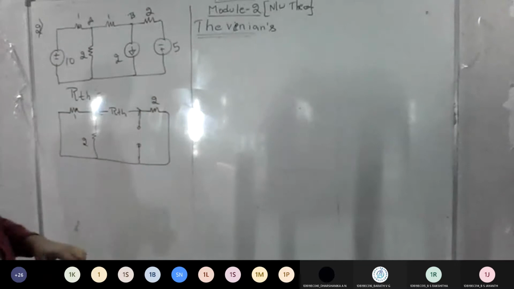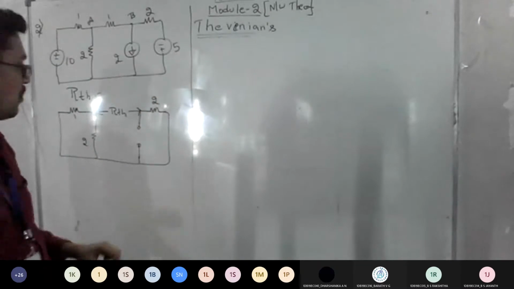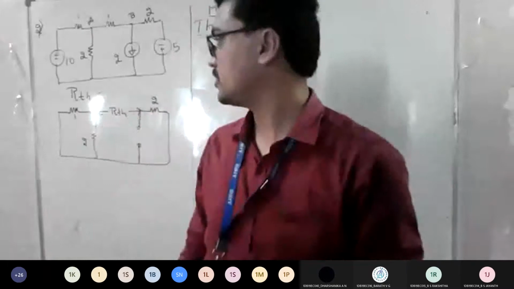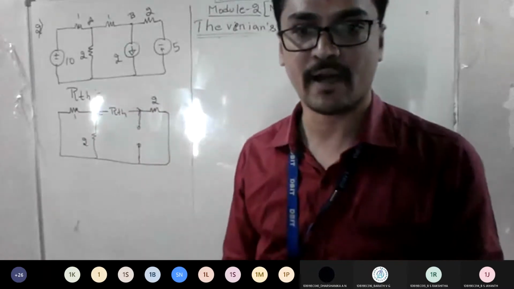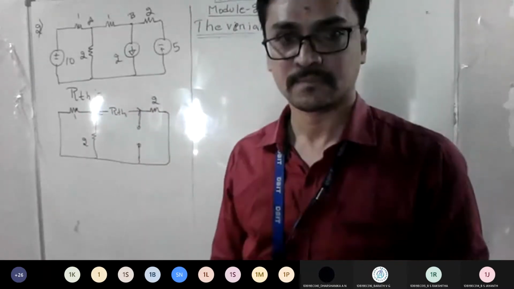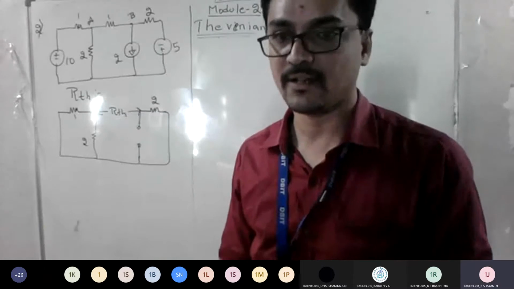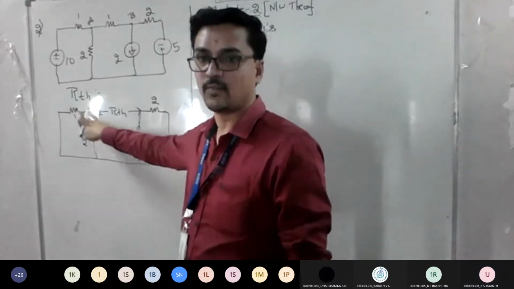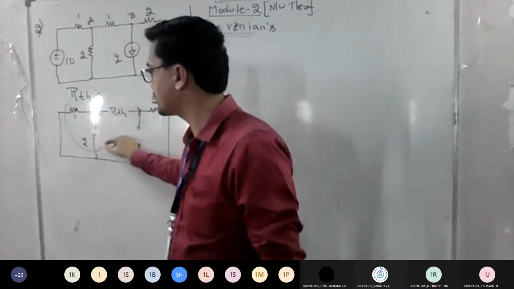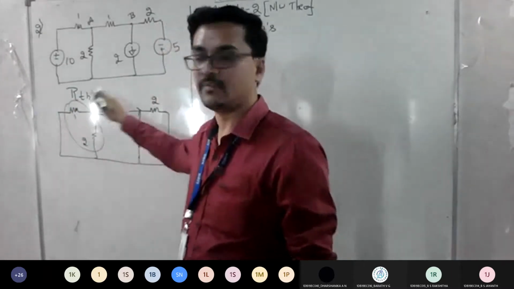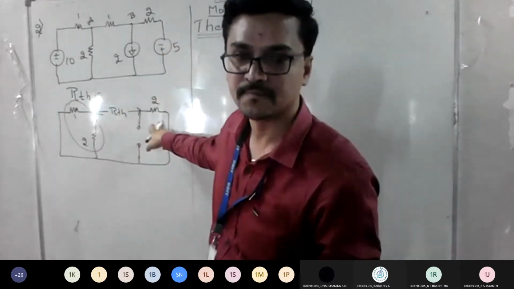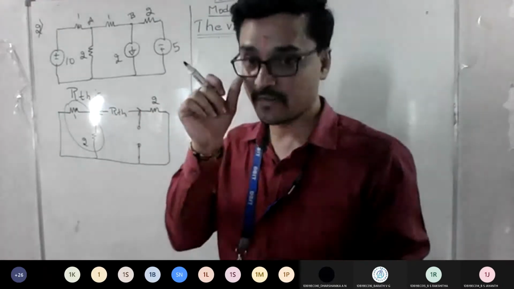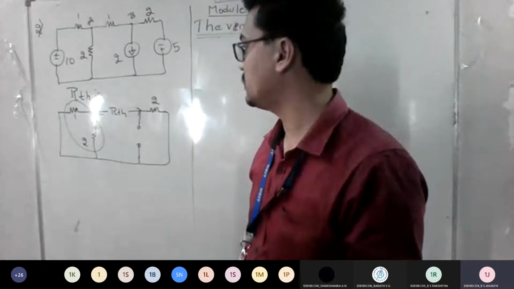Now tell me the answer for RTH. How are the 1 and 2 ohm connected, series or parallel? Parallel, don't take series. See, the junction is there. So these two are in parallel, and that answer will be in series with this one. Series, sure, everyone? Yes, sir. So solve it.